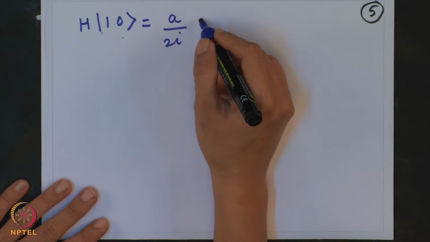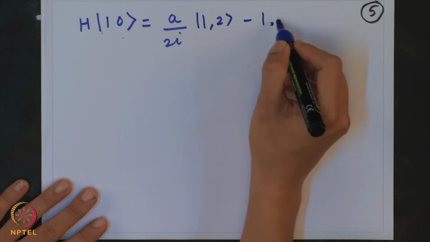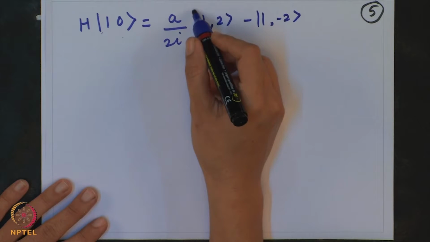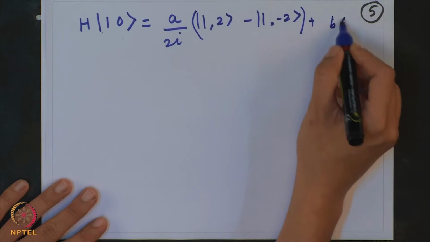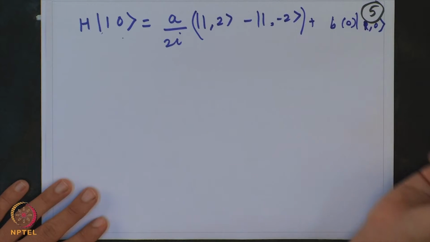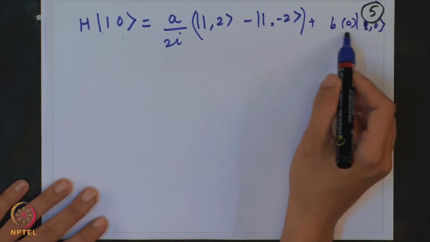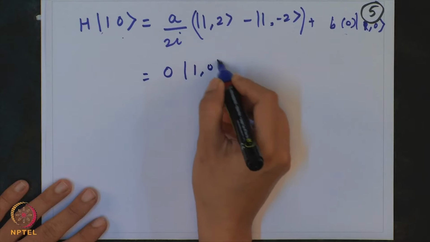So, basically what you get here is something like this, correct. Plus you have a b term which will give you 0, 0, 0, 1, 0. So, this is equal to 0 times ket 1 0.